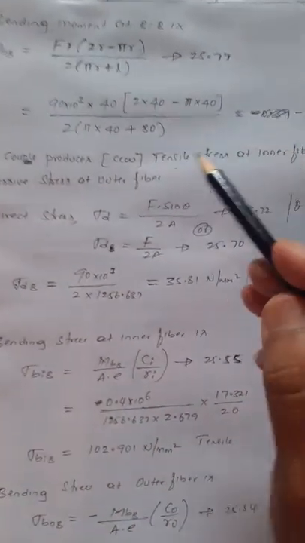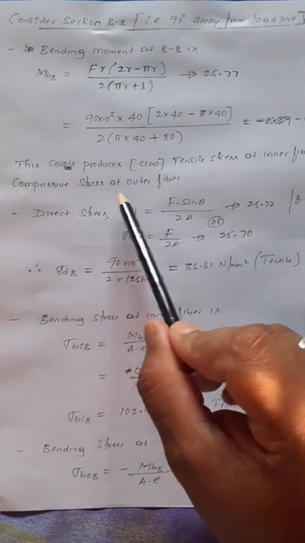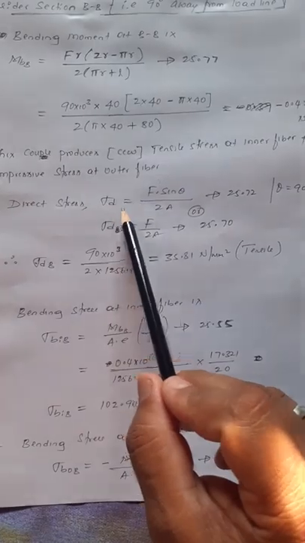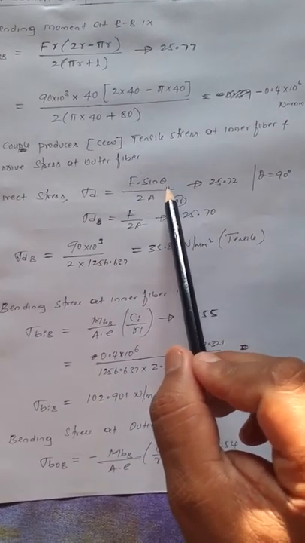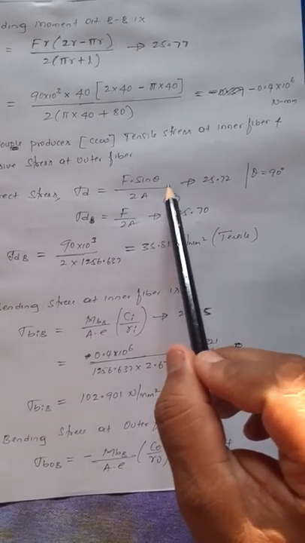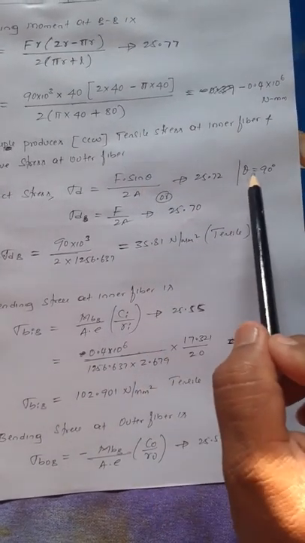This couple, counterclockwise, gives tensile stresses at the inner fiber and compressive stress at the outer fiber. Now what is the direct stress here? Theta is the angle between the line of action of load and the section. BB is 90 degrees away from the line of action of load.